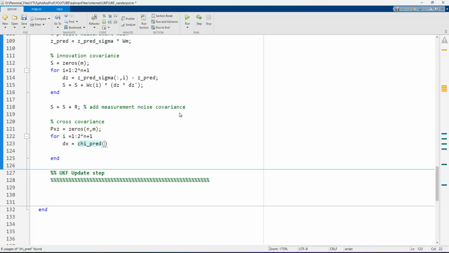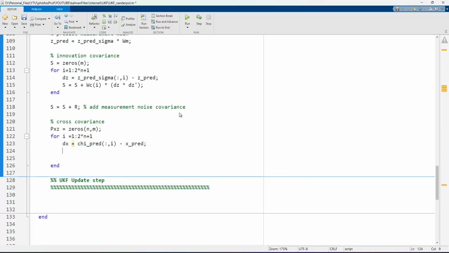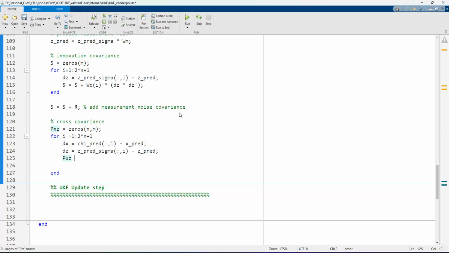Chi pred i minus x pred, dz is equal to what? Z pred sigma values i minus Z pred, and Pxz, the covariance Pxz plus Wc i value times dx times dz, because it's the cross covariance. Okay.